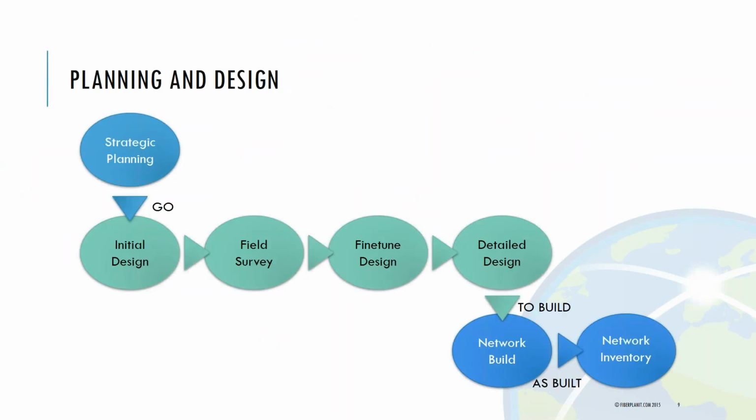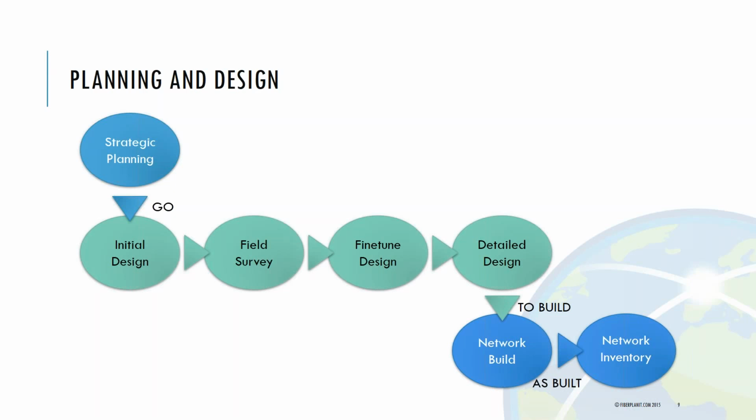Now let's look at a general end-to-end planning and design process as an example of different steps that can be taken within that process. So the first step that we identify and recognize is what we call strategic planning.